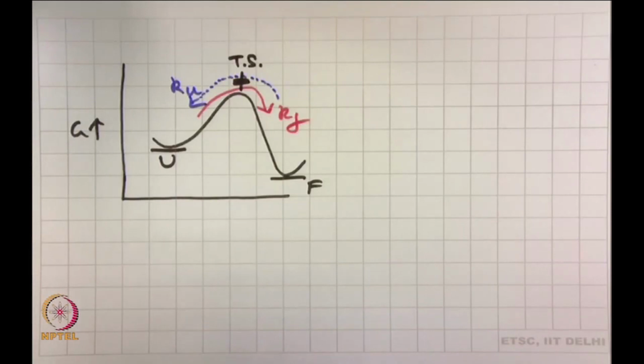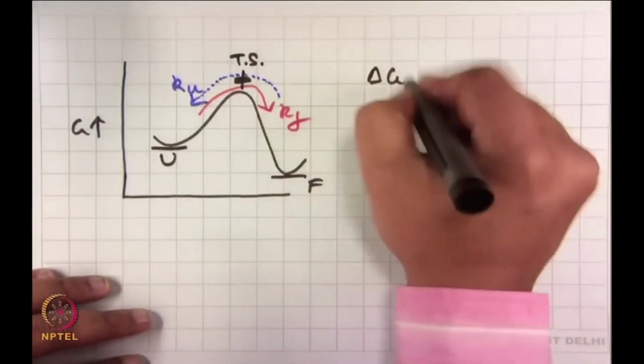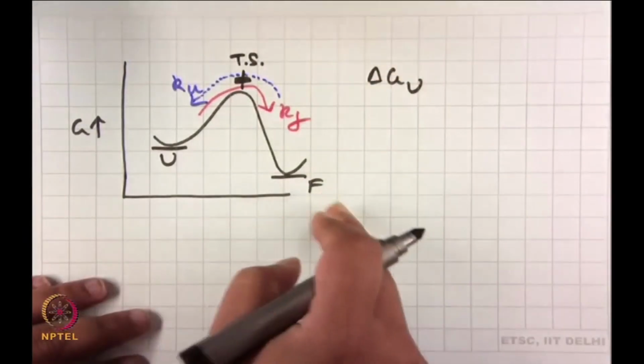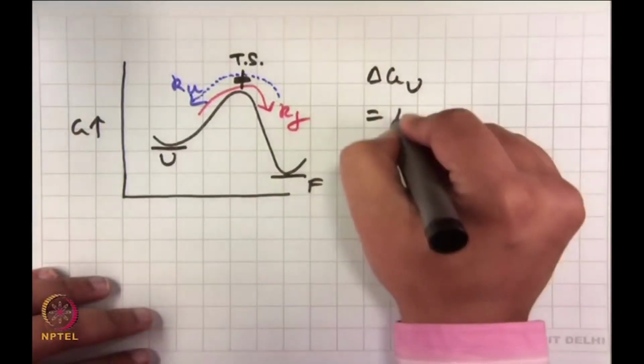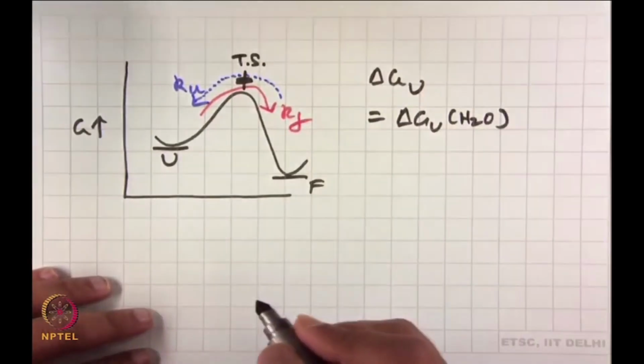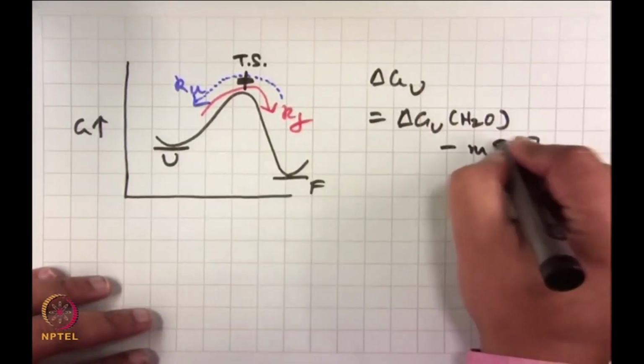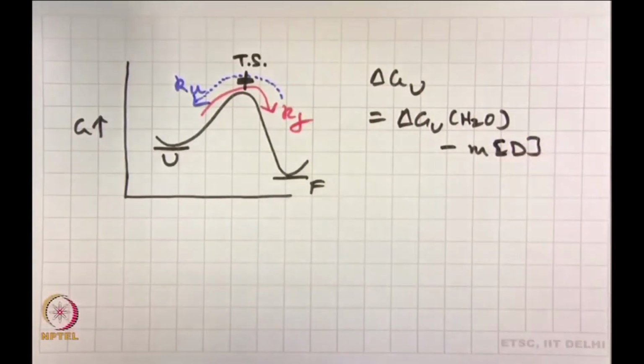Now, before, you knew from thermodynamics, delta G unfolding, that means I am going from F to U, can be written as delta G unfolding in neat water, that means no denaturant, minus m into concentration of denaturant. Do you remember this? We had done this ages ago, right, but this was from equilibrium thermodynamics, there was no kinetics involved here. Now, how do we relate this, or is there any similarity between this one and the kinetics we are looking at?